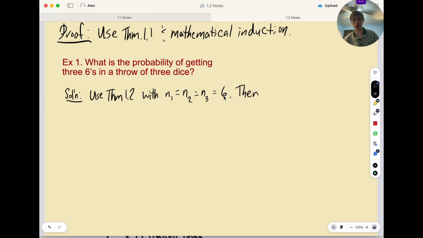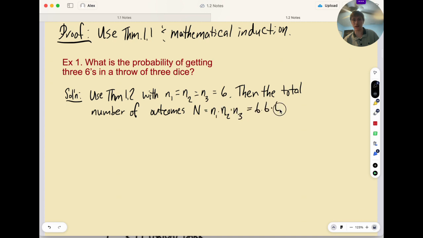Okay, so then the total number of outcomes when you roll 3 dice, which we've labeled capital N before, is N1 times N2 times N3, which is 6 times 6 times 6, or 6 cubed, which is 216.